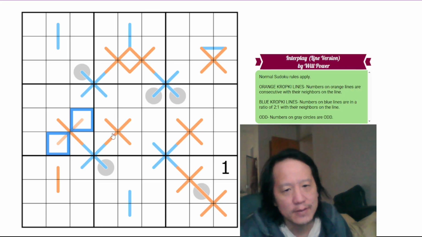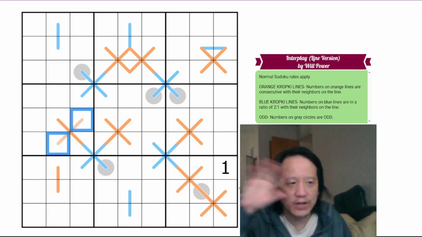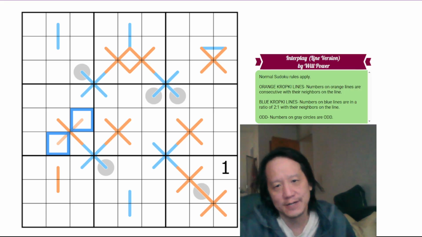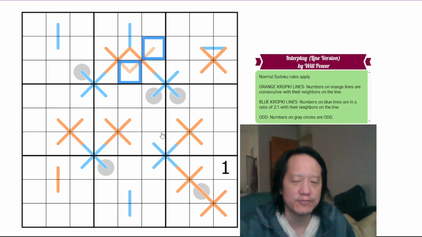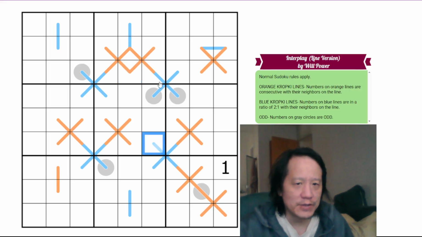And you have to think about two different instructions for one specific rule set. Whereas with the orange lines, numbers are consecutive with their neighbors, and that's it. Same thing with the blue Kropke lines: numbers on blue lines are in a ratio of 2 to 1 with their neighbors on the line.